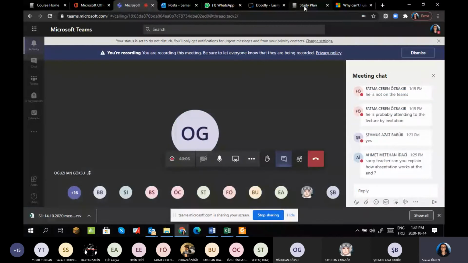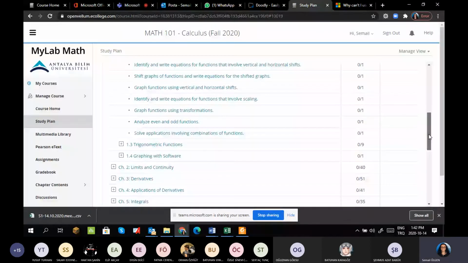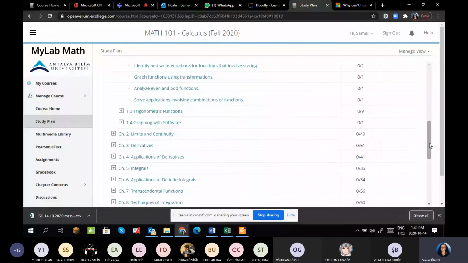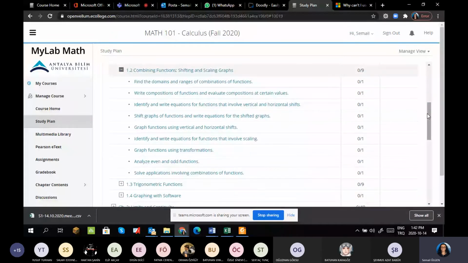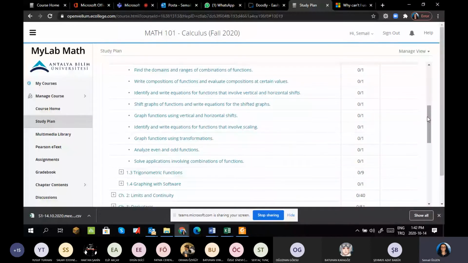Okay, quickly. What else do you want to hear? Maybe trigonometric functions, or even and odd functions, or composition of functions, maybe domain, range. Which one do you want? Come on. Hurry up. Time is passing. Time is gold.